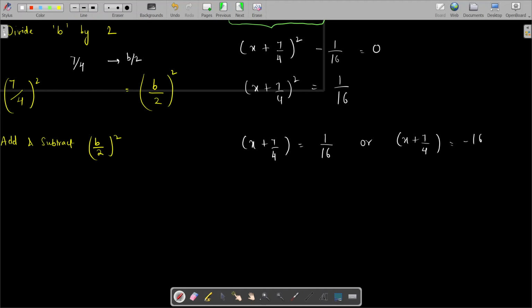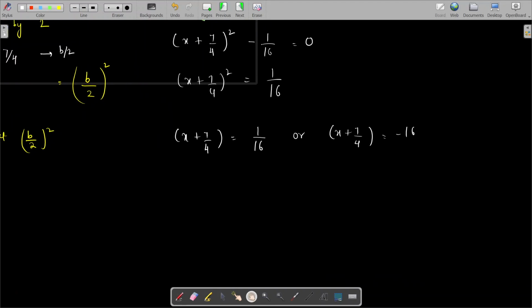I'm using the fact that x squared equals a means x is equal to positive square root of a or negative square root of a. Here also you will write the square root symbol.